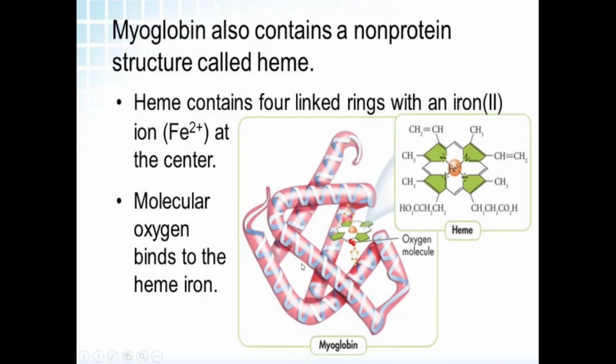This is very similar to the hemoglobin within the red blood cell. A high amount of myoglobin supplies a high amount of oxygen for muscle contractions.